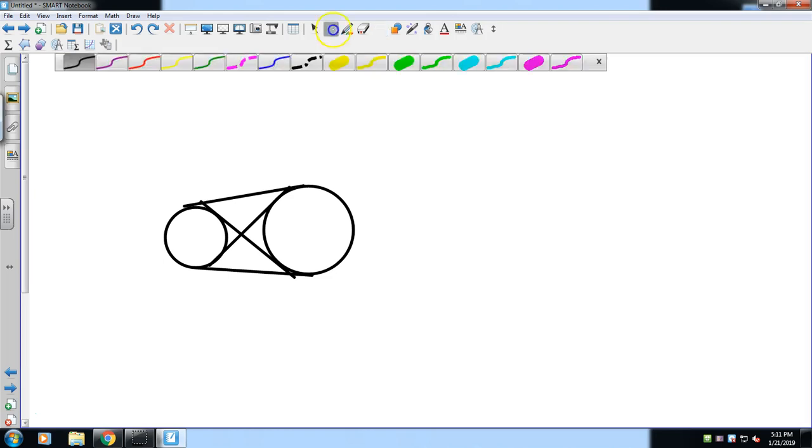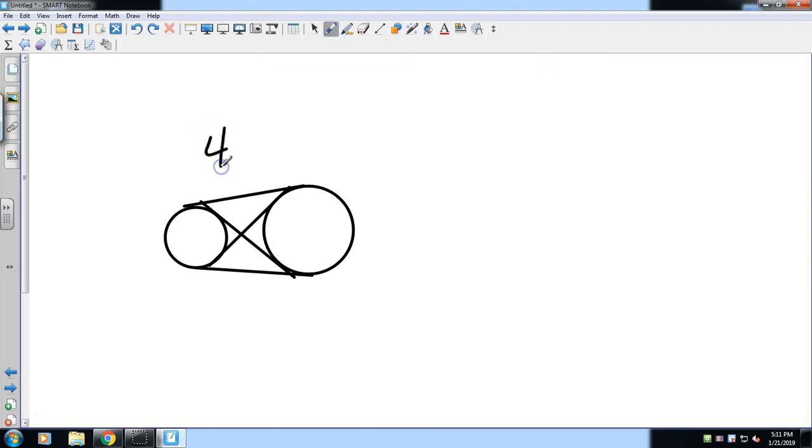So this one has 4 common tangents. I have 2 on the outside, and I have 2 that are internal.